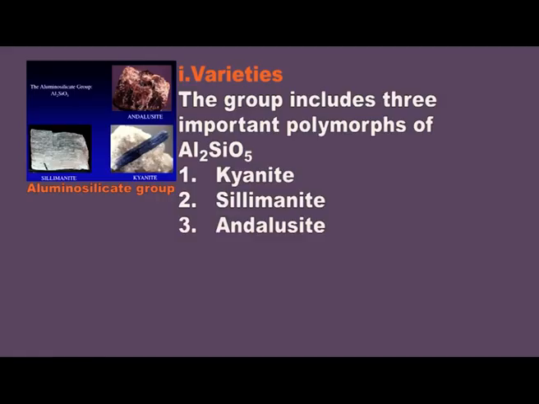Aluminosilicate groups. Varieties: the group includes 3 important polymorphs of Al2SiO5, that is kyanite, sillimanite and andalusite.